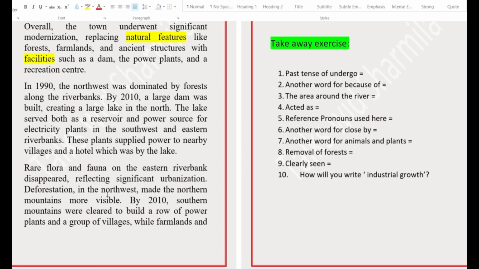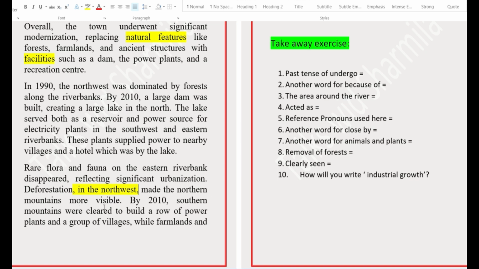Deforestation, in the northwest, made the northern mountains more visible. So what is this type of sentence? Inversion sentence. You are adding additional information in the middle. So these are inversions. Deforestation, in the northwest, made the northern mountains more visible.